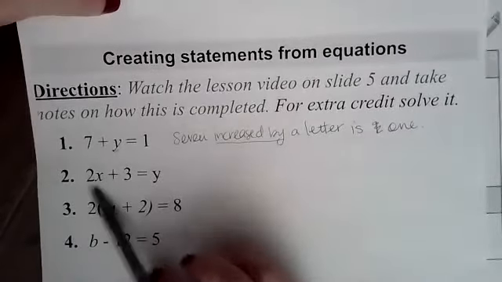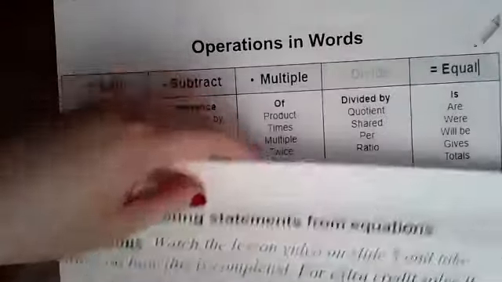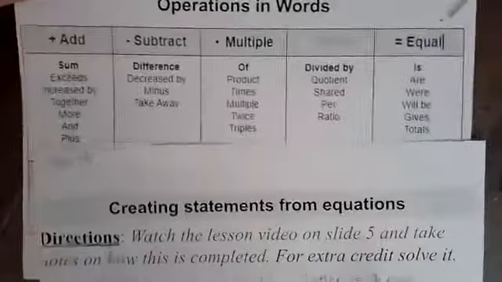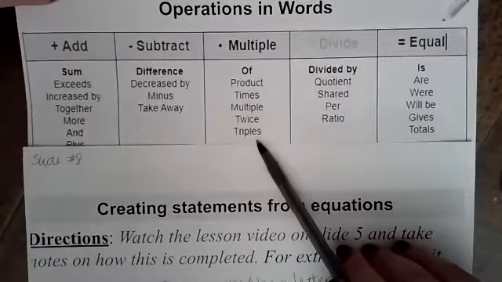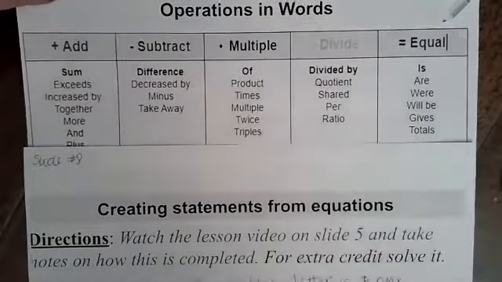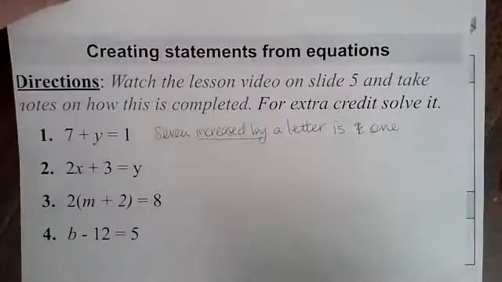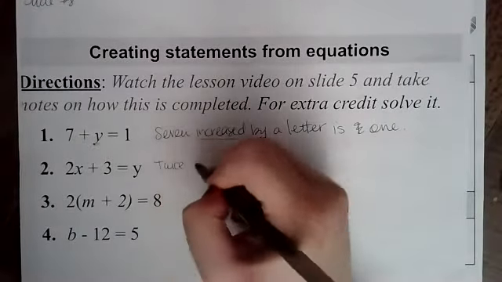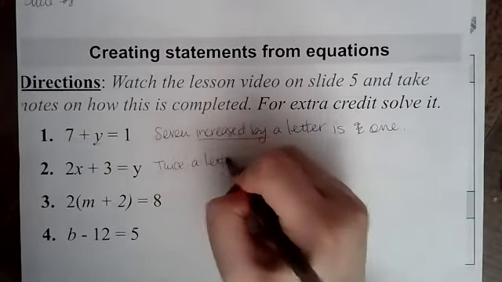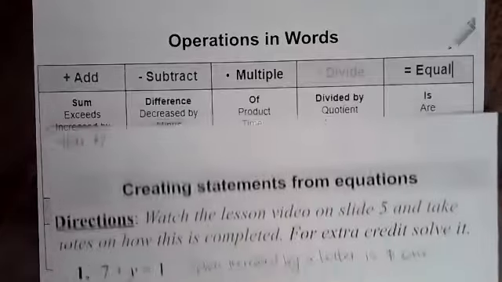So what words mean to multiply? Let me get rid of this paper in here. Okay. Product, times, multiple, twice, and triples. Okay, well, I know twice means to multiply by 2. So I'm just going to get fancy. Okay. Twice a number or twice a letter. Now, plus 3. Let's go to add.